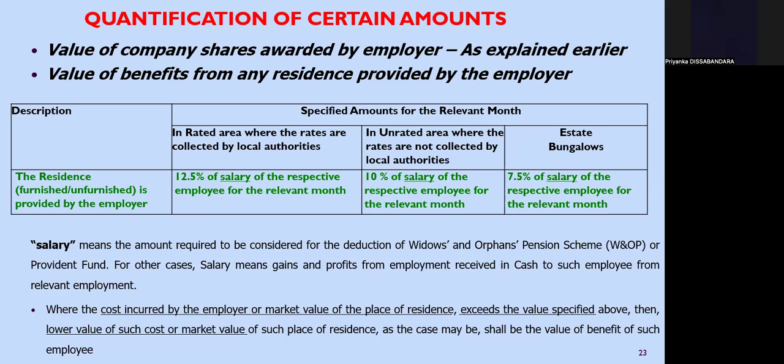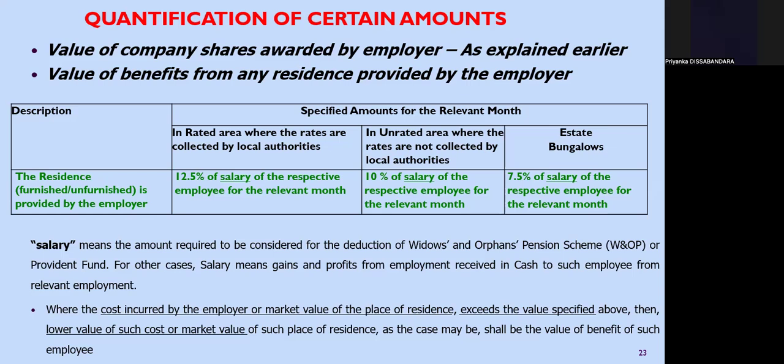As I have already explained, when they are granting options, at that time we do not consider it for the employment income. But when they are allocating shares to us, at that time we consider that income as a benefit for the employment income.